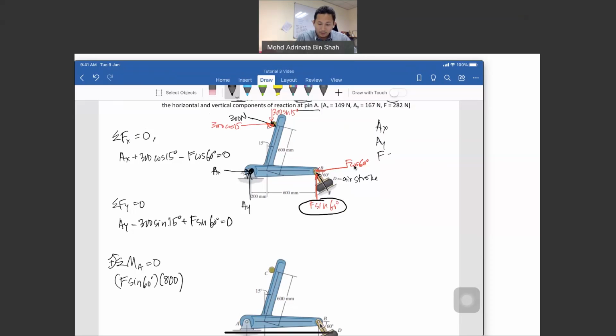And we have our force of 300 Newton. So 300 Newton, this is what we need to look at. It must be perpendicular.